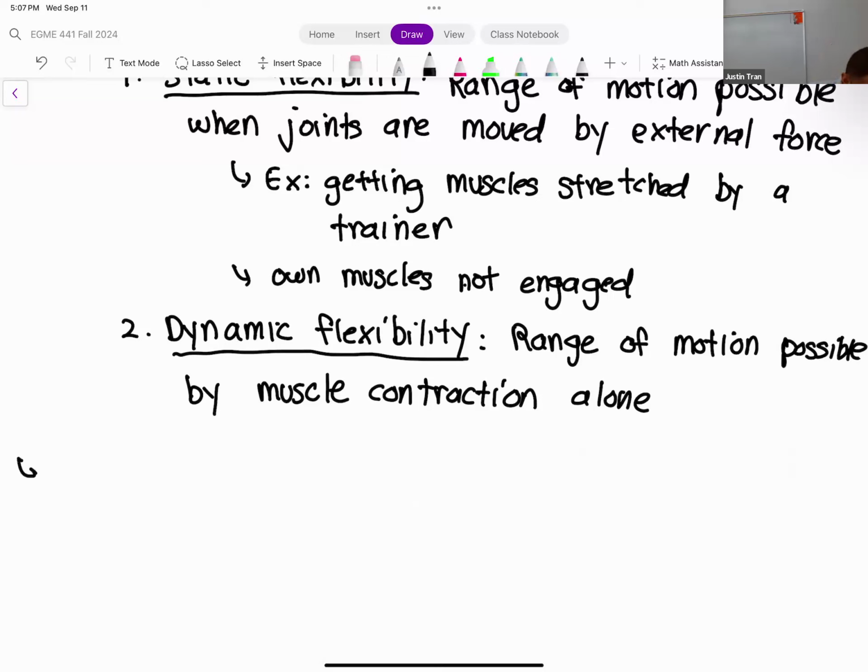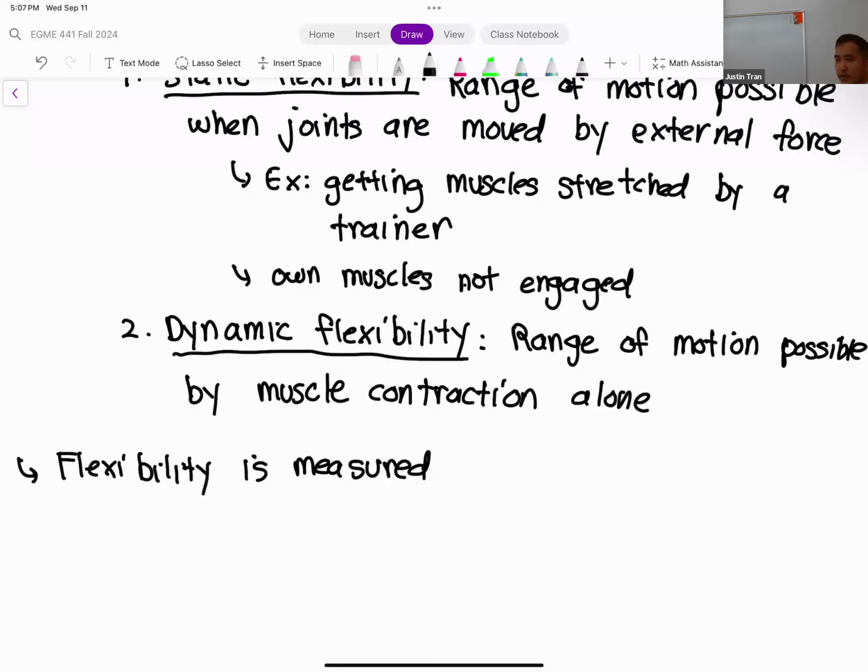So how is joint flexibility measured, right? We talk a lot about stability, but stability is almost a qualitative thing, whereas flexibility is something we can actually measure. Since most of the motion that your body can do is rotational in nature, we use rotational kinematics to measure flexibility.